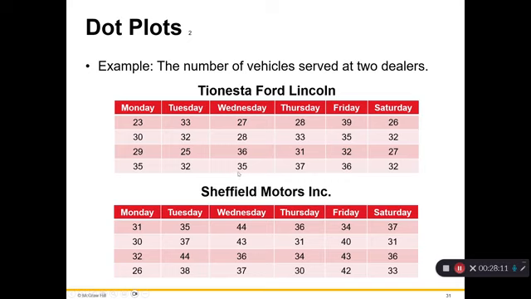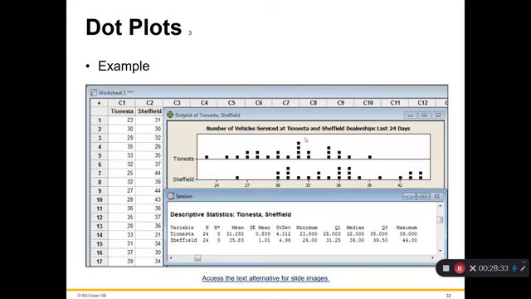So the number of vehicles served at 2 dealerships on different days, and we can use these values. What we need to do is create a dot plot. Let's see on the next slide how we create dot plots.